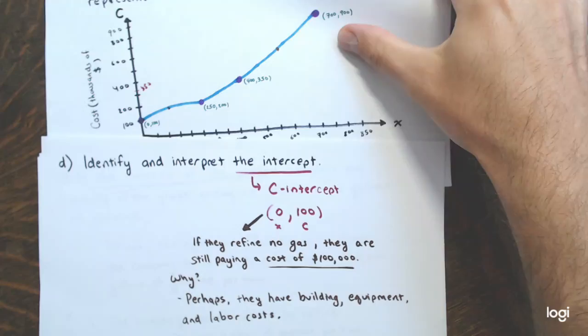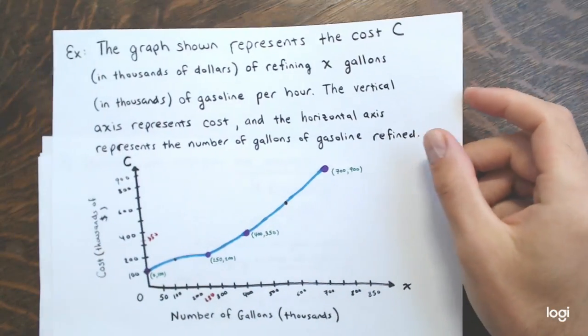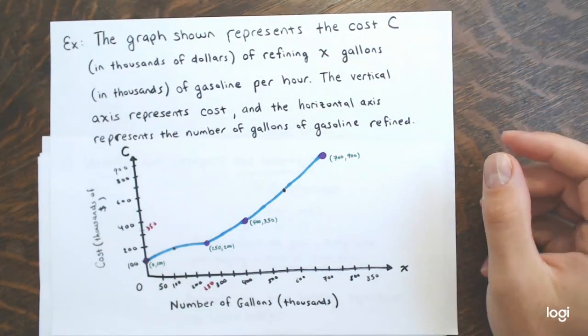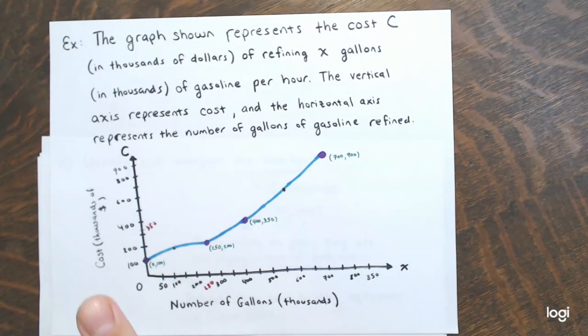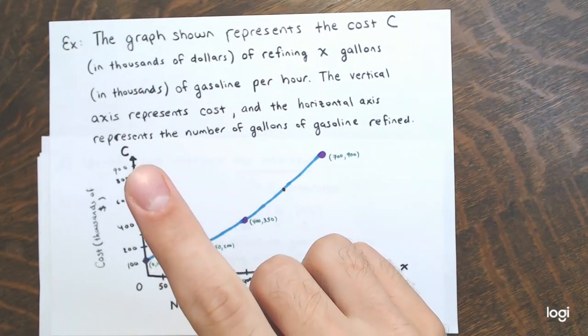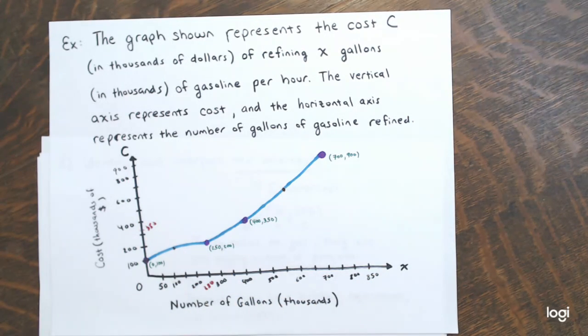I think the key to take away is know what a good graph looks like. Properly labeled axes, right? Know what the axes mean, what the variables mean. Also properly spaced: all the markings on the horizontal axis represent the same distance. All these were 50 apart. All the markings on the vertical axis also represent the same distance.